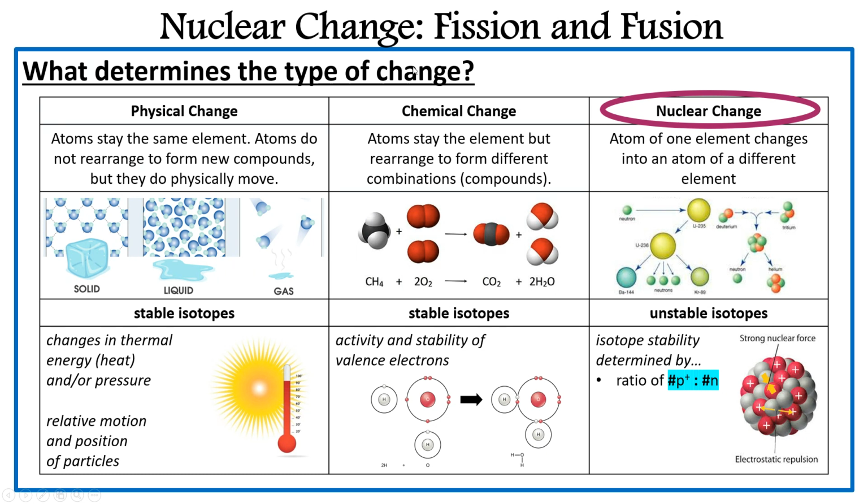And then ultimately, what determines what type of change it's going to be? Physical changes are about heat. Chemical change is all about stability of your valence electrons and the activity of what's going on with them. And then nuclear change is all about what's going on in the nucleus with your protons and your neutrons and your strong nuclear force.